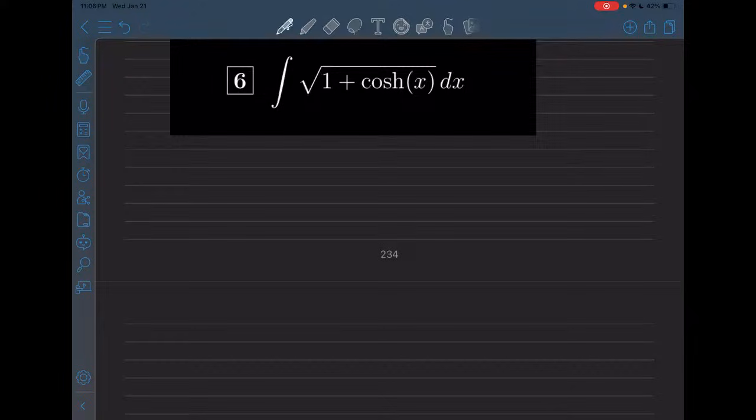Guys, any idea? What would be your first approach? How would you try to remove that square root, maybe? Or maybe try to simplify this expression?